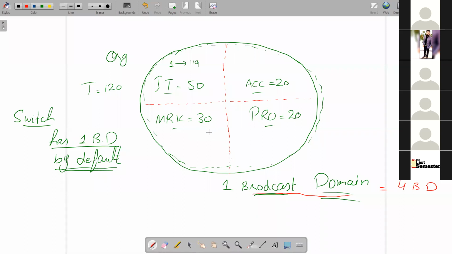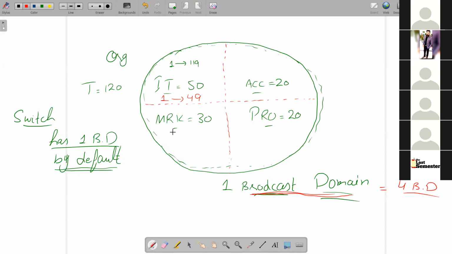So how will we do it, and what's the advantage of dividing one broadcast domain into multiple, right now in this case into 4 broadcast domains? The advantage is, if one guy who belongs to IT does the broadcast, only 49 will receive that broadcast, and they are the same guys who belong to IT as well.